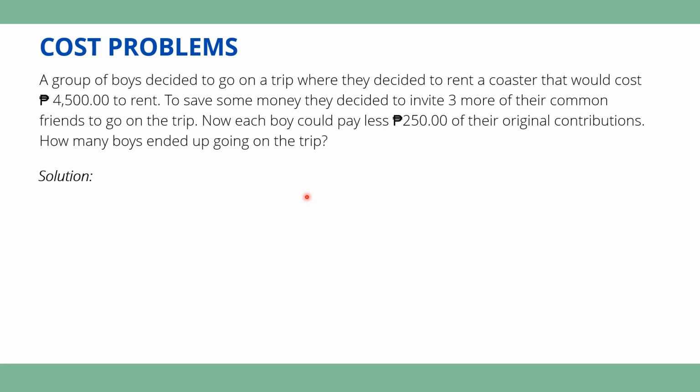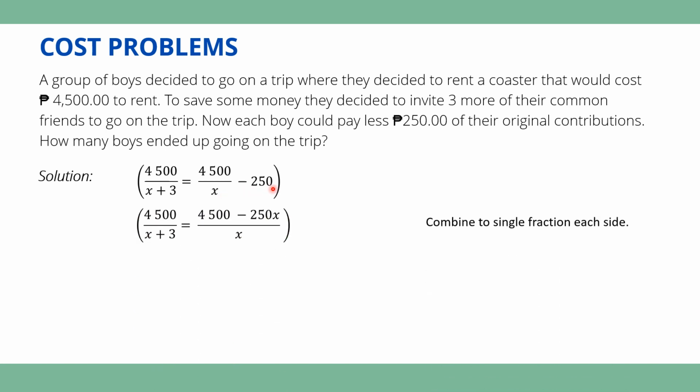Now, let's solve our equation. So, given that we have our equation 4,500 over x plus 3 equal to 4,500 over x minus 250. So, first thing we have to do is simplify muna natin yung ating isang side ng equation by combining to single fraction.